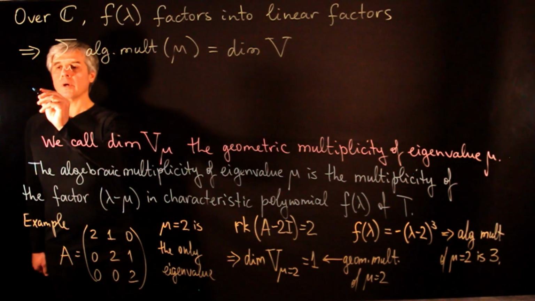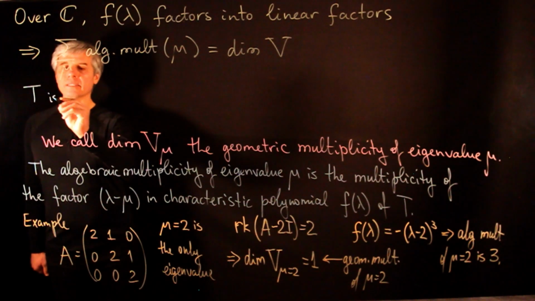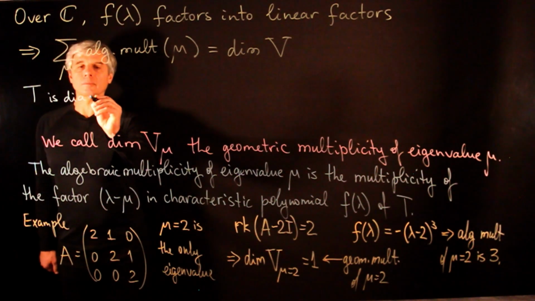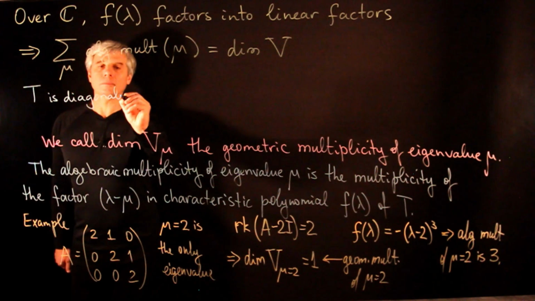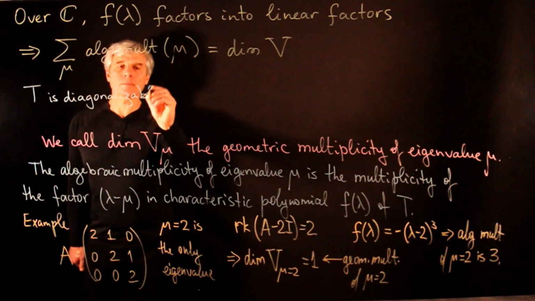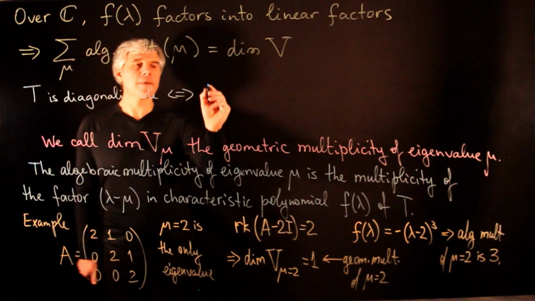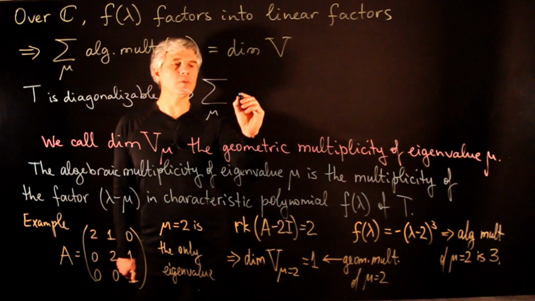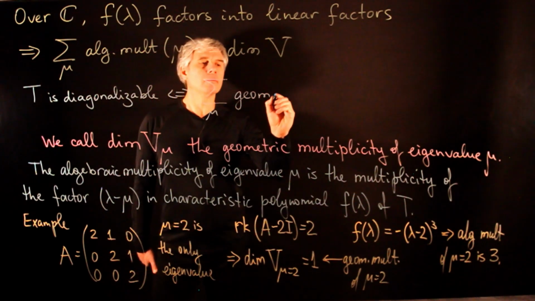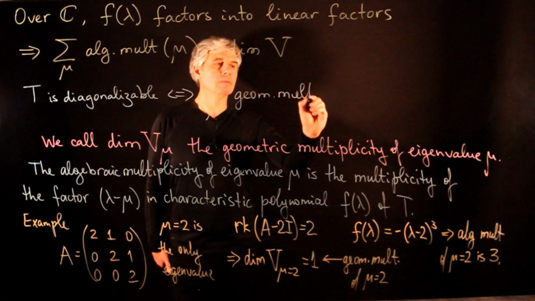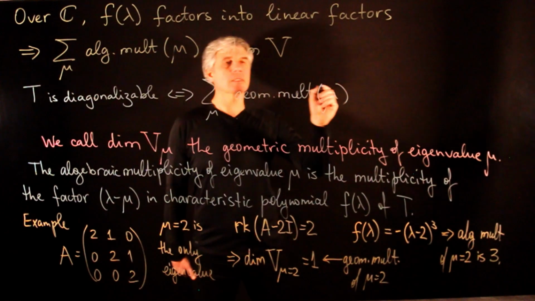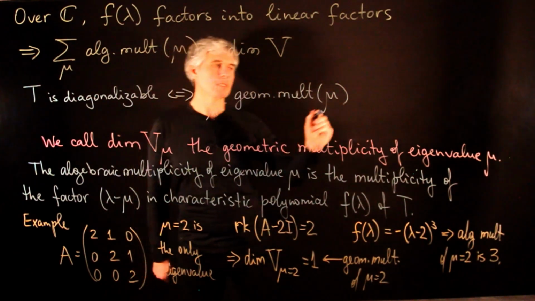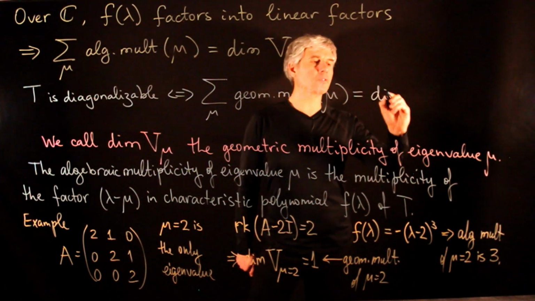We also saw that the operator T is diagonalizable if and only if the sum over mu of geometric multiplicities of mu, so that is dimensions of eigenspaces, is equal to dimension of V.